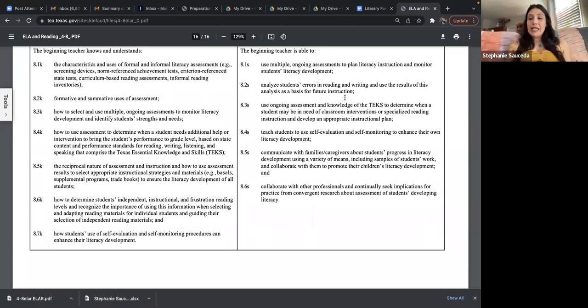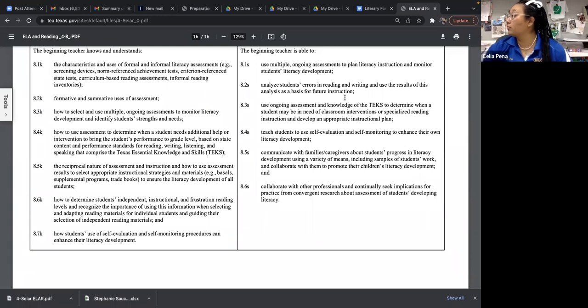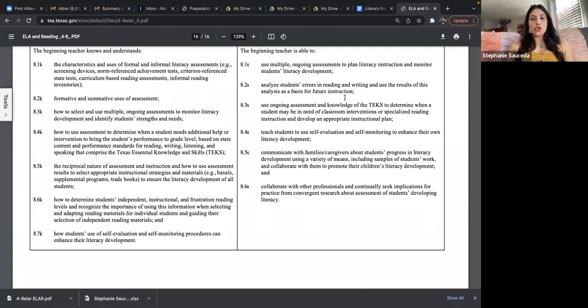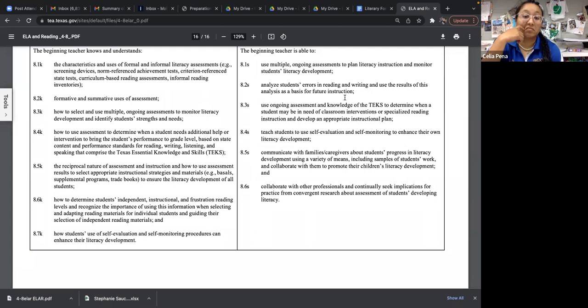So if I give an open-ended response after a very short story and I ask them to utilize textual evidence, and I see many of them didn't use it, or the evidence they did use didn't support their answer, then I would know that I would need to do an entire new lesson on supporting your answers and utilizing textual evidence.